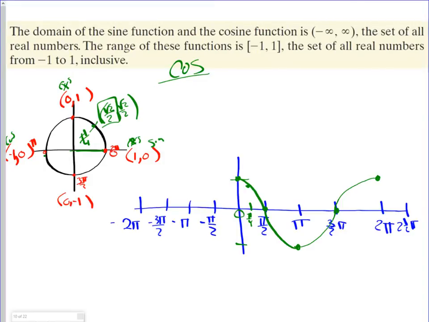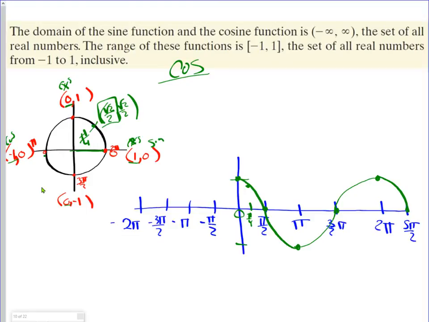Well, if I went over to 5 pi halves, it would be 0. Because it has to come down, right? But that means I would be here, and I'd be just looking at that x again. So all I'm really graphing are all of the x values in repetition. So I'd go from 1 to 0 to -1, back to 0, up to 1, 0, -1, 0, 1.